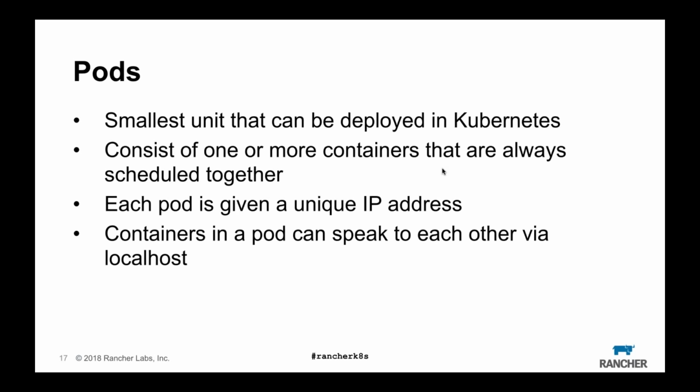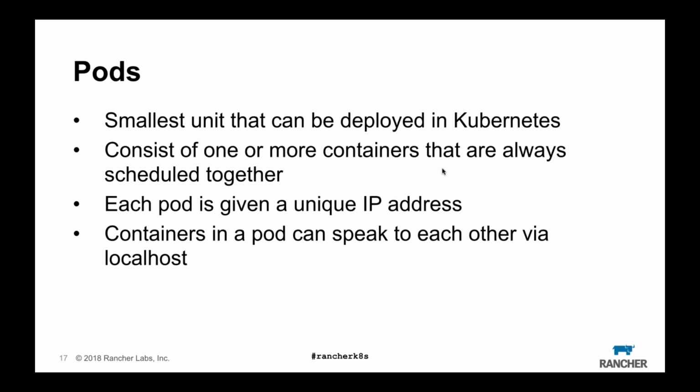A pod is the smallest deployable unit in Kubernetes. It usually consists of one or more containers that are co-scheduled and co-located. Each pod is given a unique IP address, and this IP address makes it accessible by all other pods and deployments within a cluster.